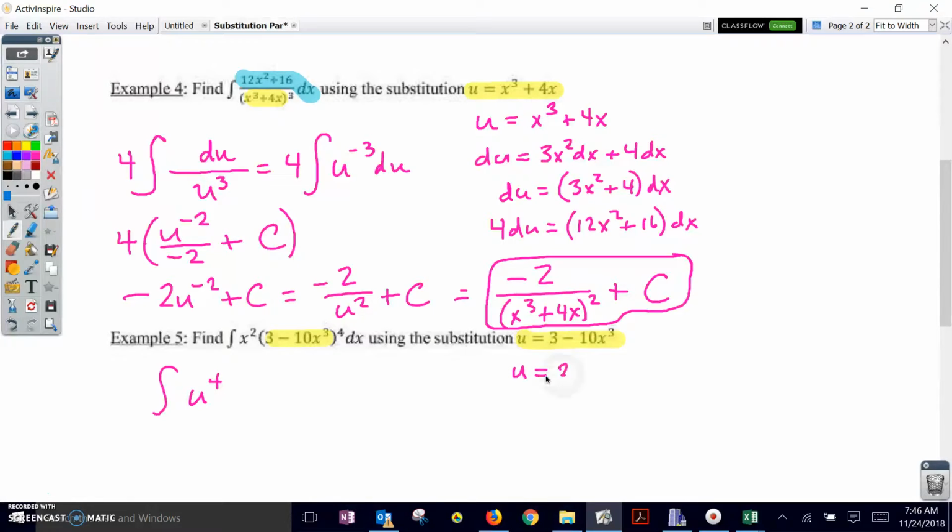So we take our substitution, and we take the derivative of that. We get du equals negative 30x squared dx. But what we want to replace in our original integral is just x squared dx. So we'll divide both sides by negative 30, or multiply by negative 1 over 30.